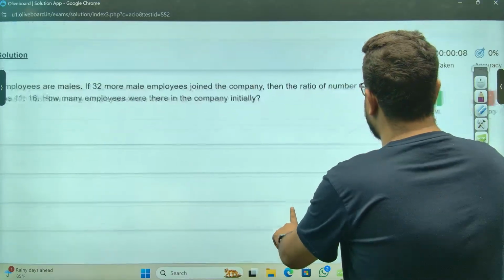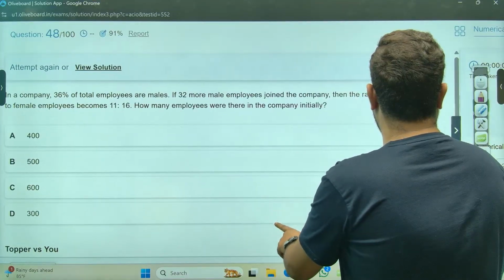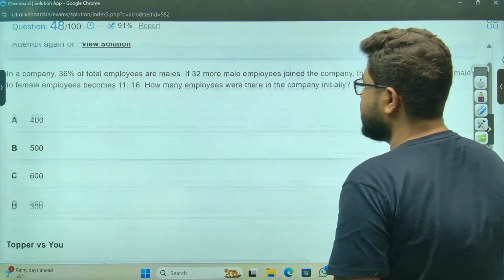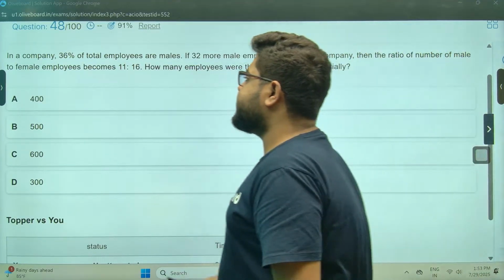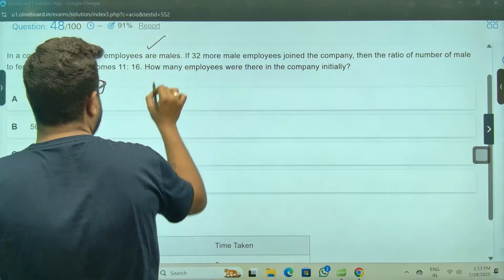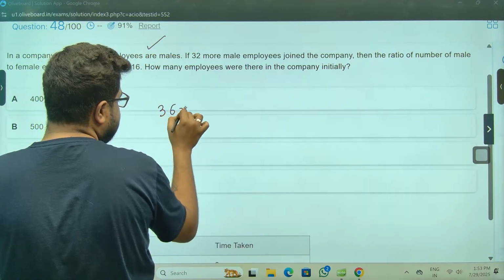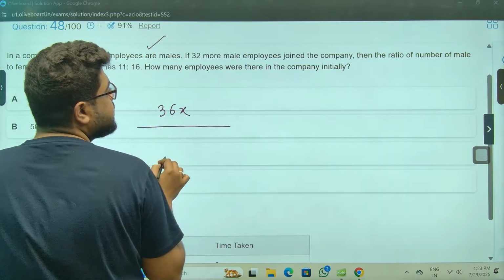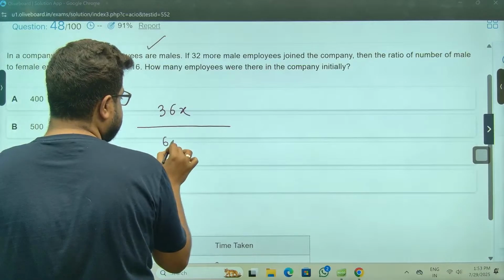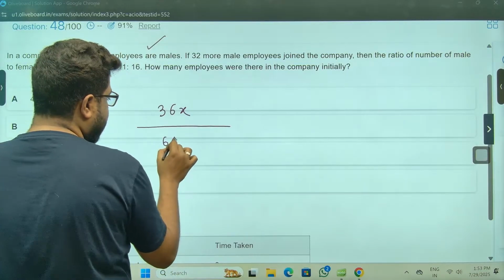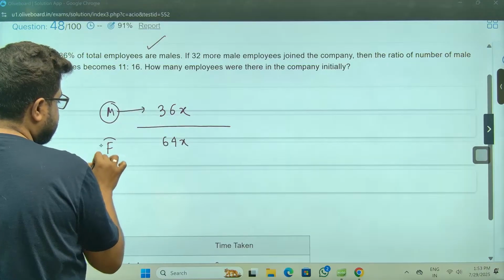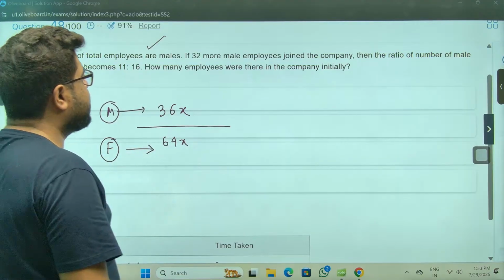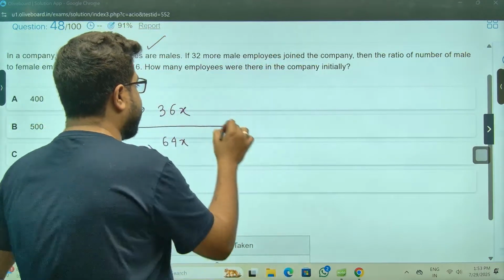Very simple question. Let's move ahead. Sir, again, 36% of the total employees are male. So total employees 100x, male 36x, female 64x. What happened? 32 more male employees joined.